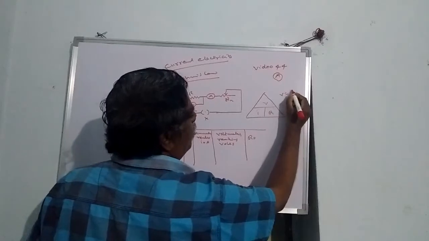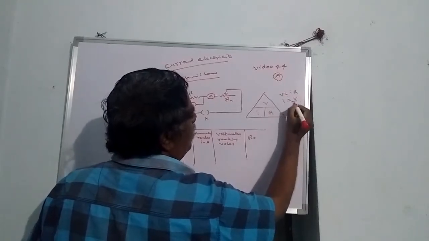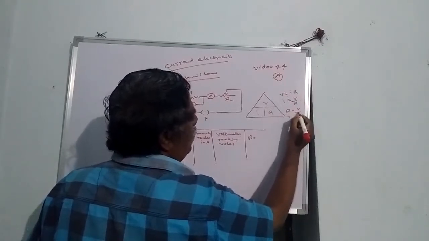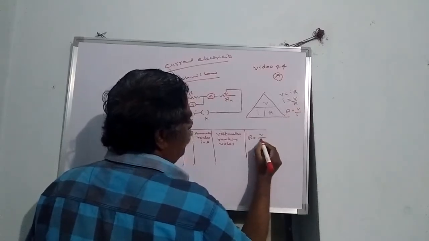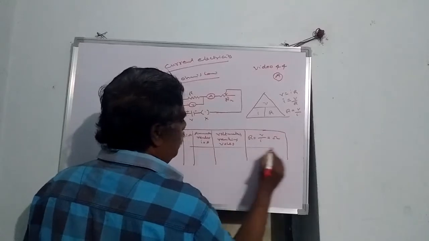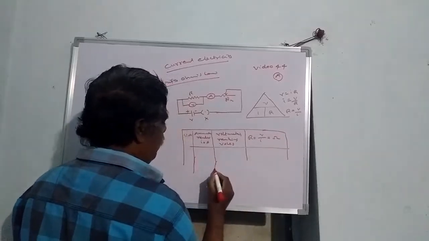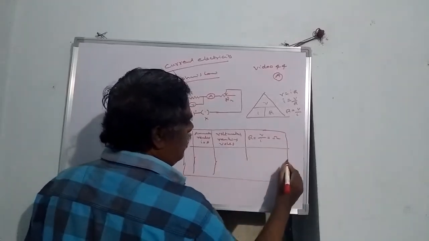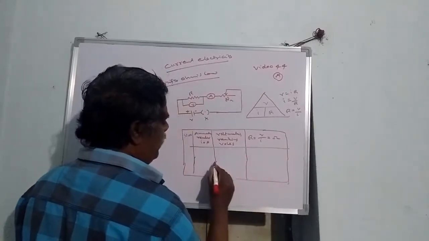V is equal to IR, or I is equal to V by R, or R is equal to V by I. Resistance is in ohms. In this way we draw a tabular column to record the observations.